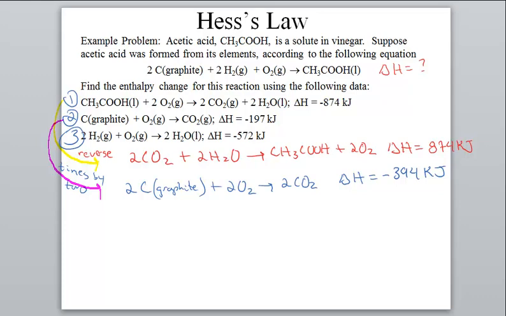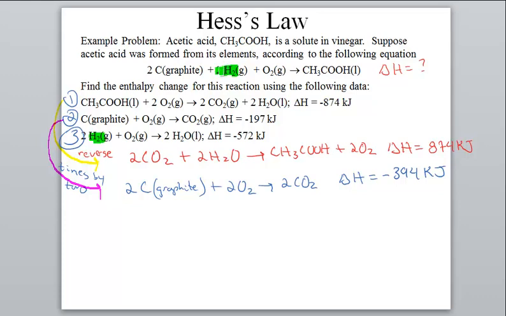Looking at reaction number 3, let's find a chemical in there that's also in the net reaction, and one that is hydrogen, H2. So there's H2 in the final one, there's H2 in reaction number 3. That's the only reaction that it occurs in. H2 doesn't occur in reaction 1 or 2.